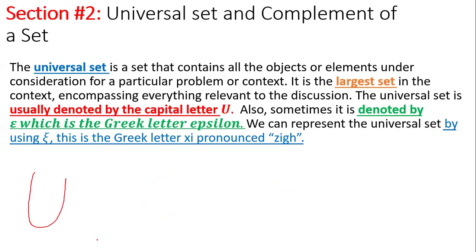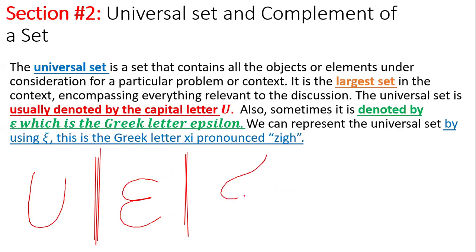What else? The Greek letter epsilon, which looks like a backward 3. And what else? The Greek letter xi, which looks like a funny looking 3. That's xi.